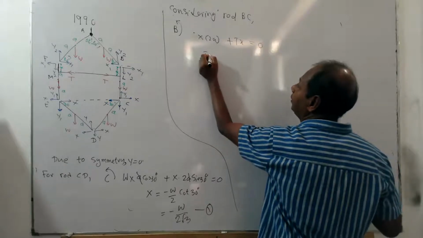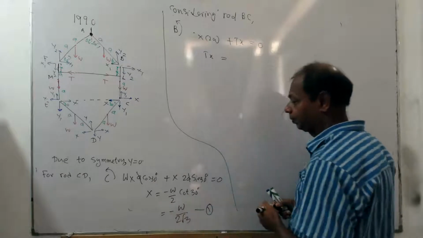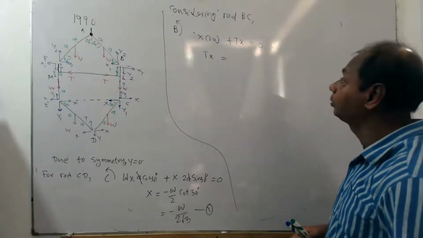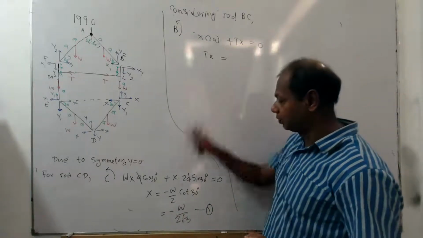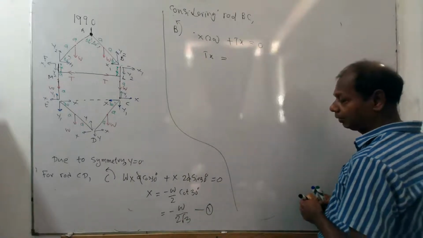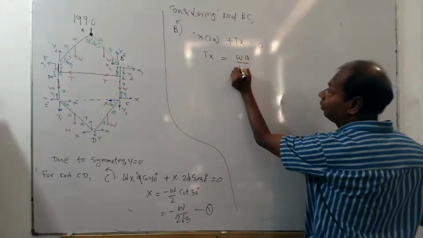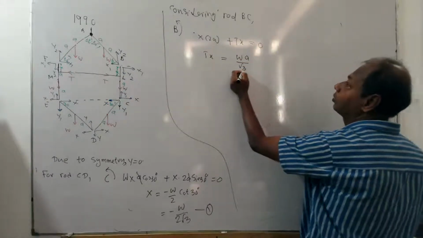So you get T x equals, capital X is known. When you substitute, 2 will get cancelled. You will get W a over root 3. Substitute from 1.